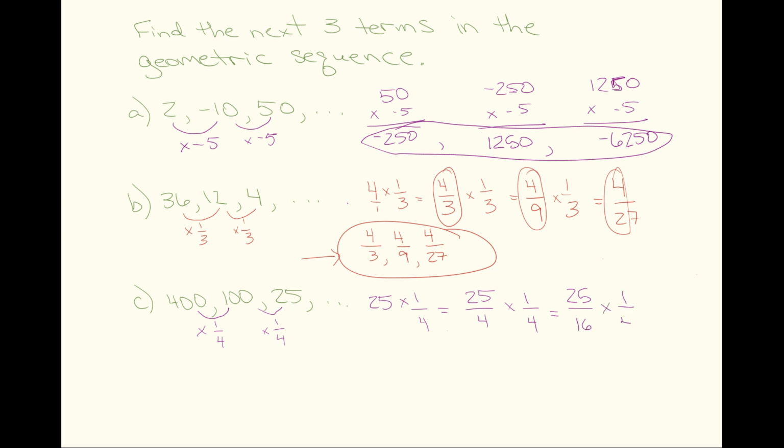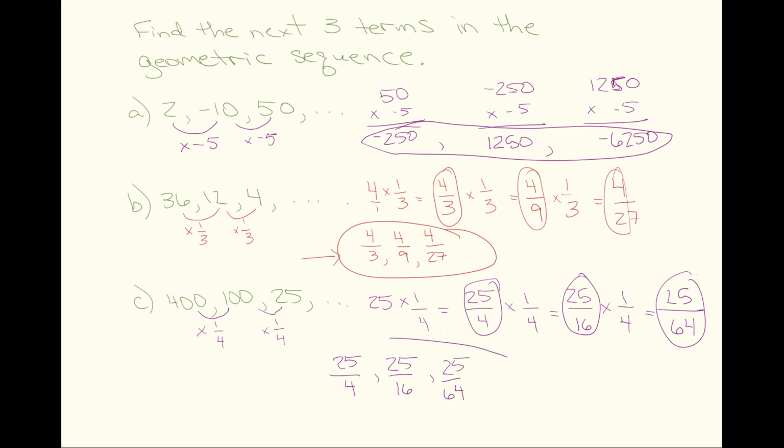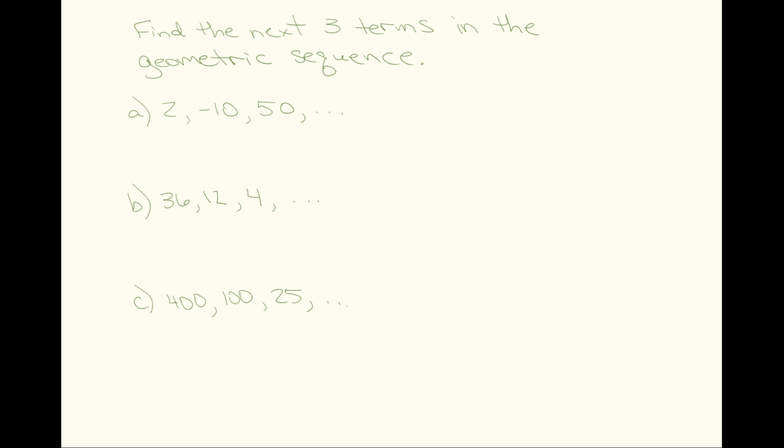Multiply that by 1/4 and I get 25 over 64. So my next three numbers in the sequence, and I can write those as my final answer, are 25 over 4, 25 over 16, and 25 over 64. And I'm sure every math teacher in the world would agree with me and say, please show your work for this. Thank you.